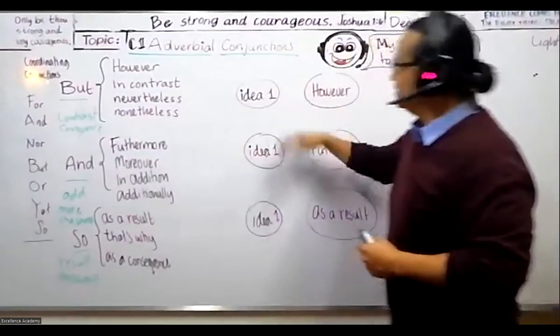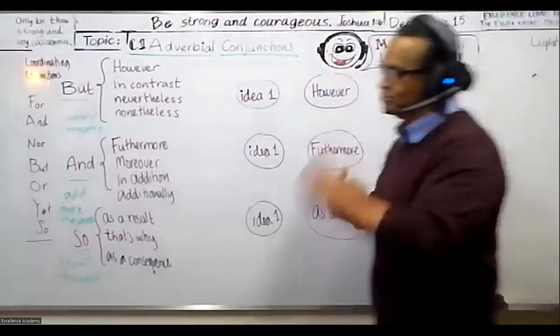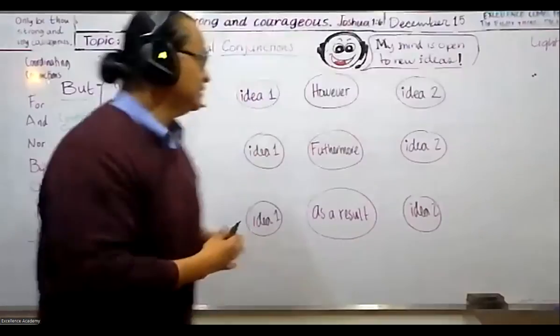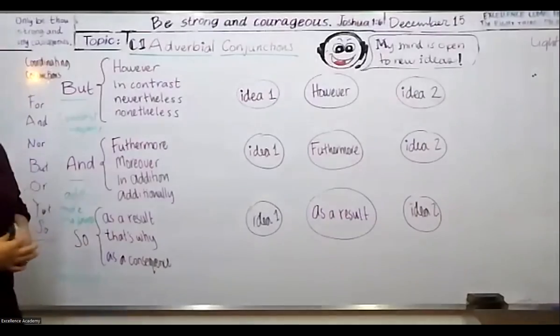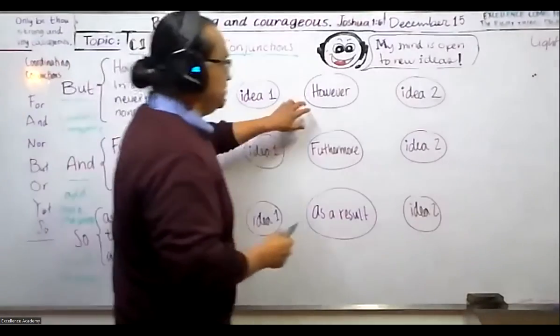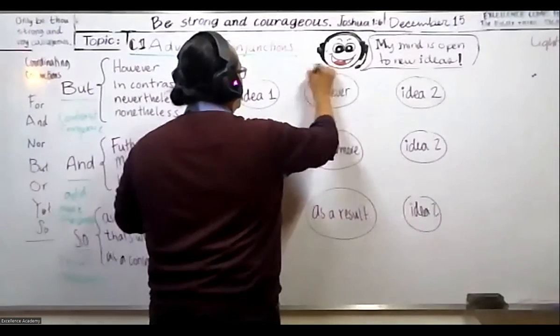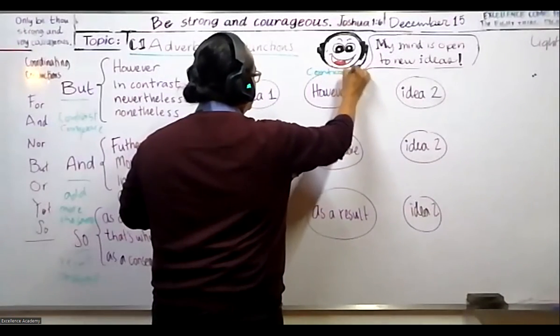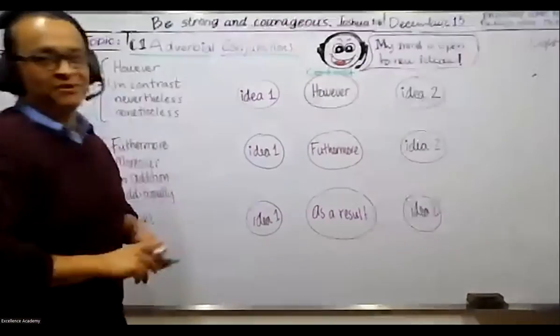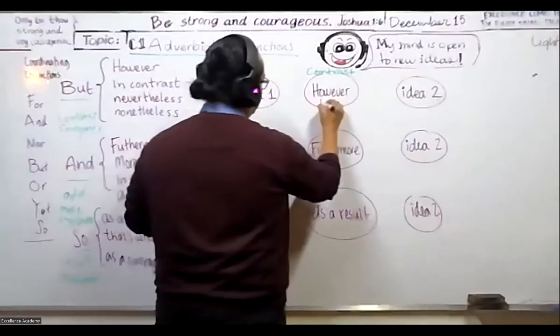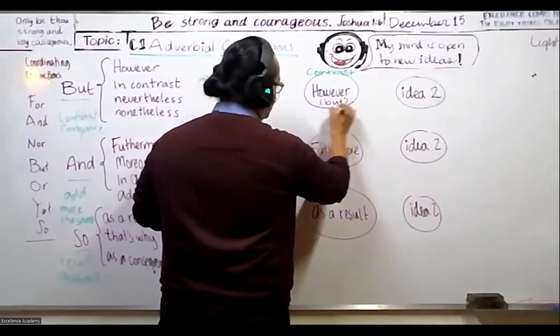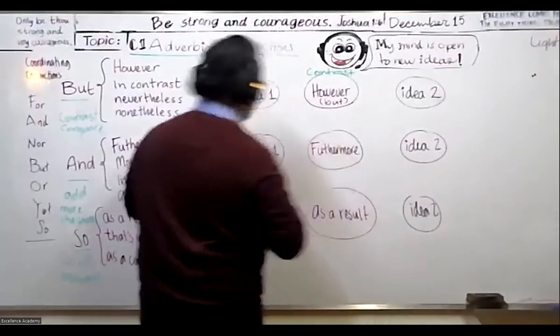Now let's see how it works when it comes to transitioning from one idea to another. So let's start with contrast. We're going to start with however. So remember that however is used in contrast or to compare. And remember that however just simply means what? It means but. Okay?